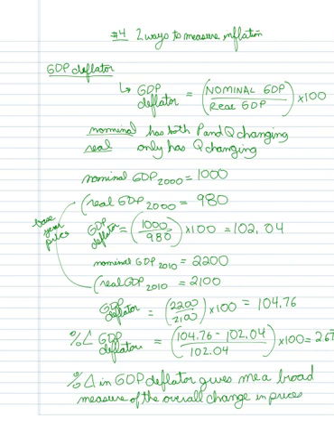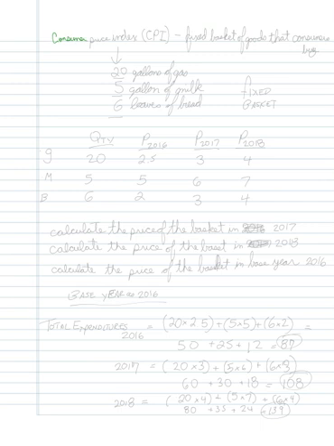Now this is just one of the methods of solving for the price changes. The other way of doing it would be with the CPI. When you see CPI, that stands for Consumer Price Index. And here we're talking about a fixed basket of goods that consumers buy.